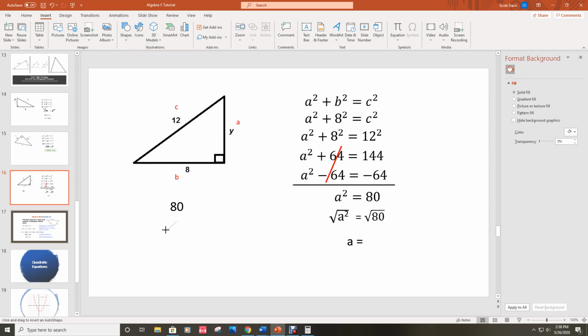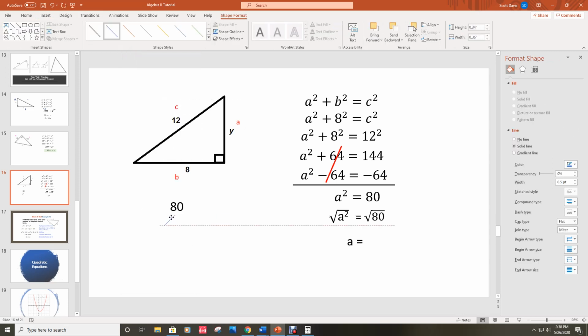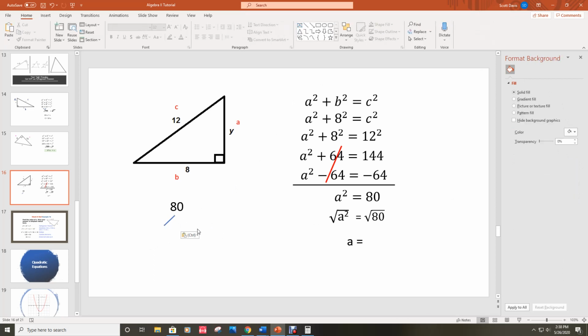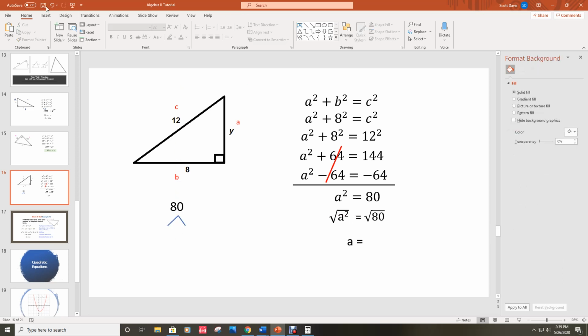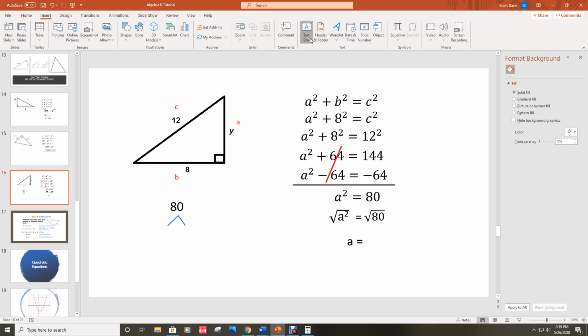Let's make that a little thicker. I'm going to break this down. So 4 times 20 equals 80.